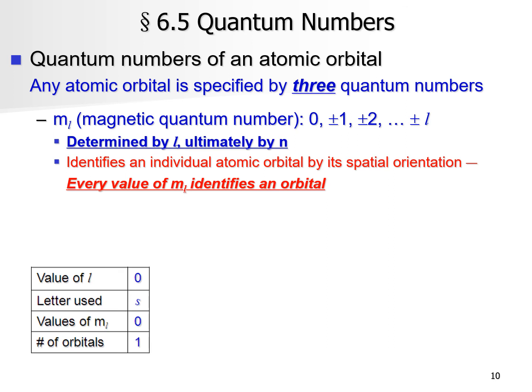According to the rule, for us to pick the value of m sub l, we only have one choice, 0, because we cannot go plus minus 1 when l equals 0. And there's only one value of m sub l, which suggests there's only one orbital, because each value of m sub l identifies an orbital. Now we understand that m sub l always starts at 0.